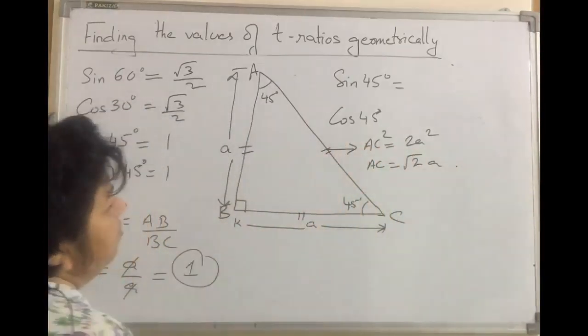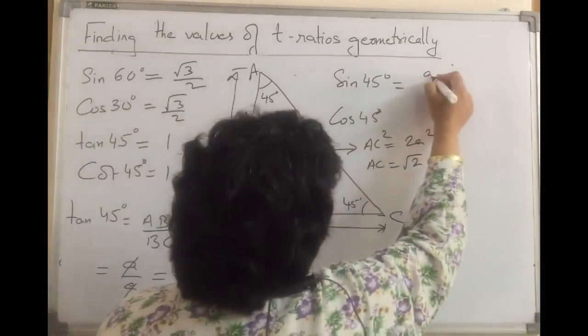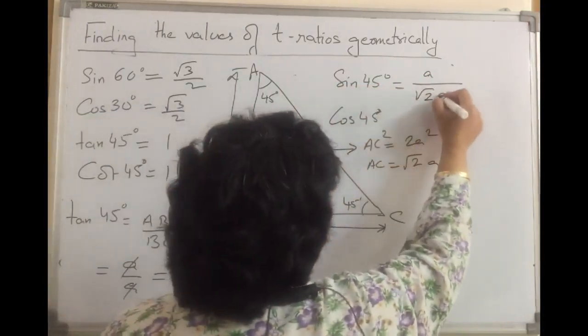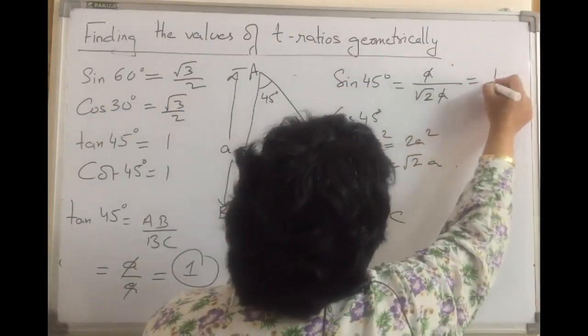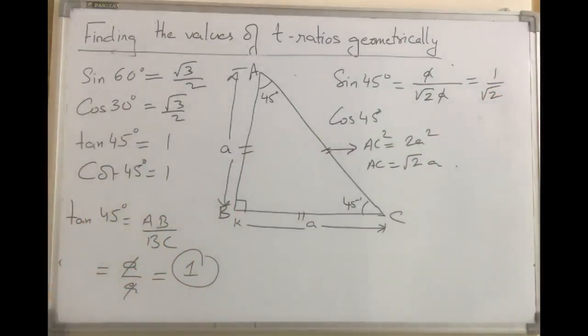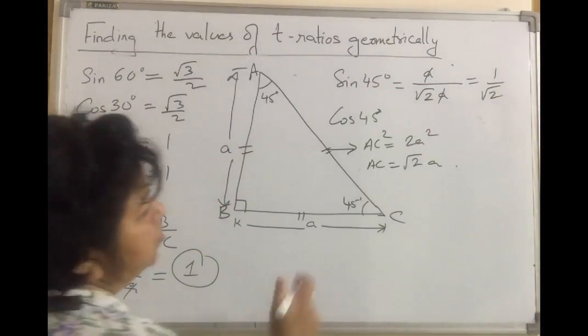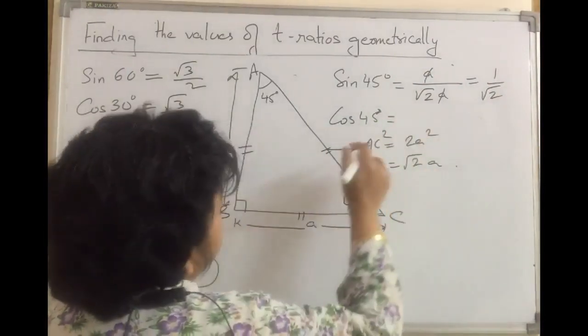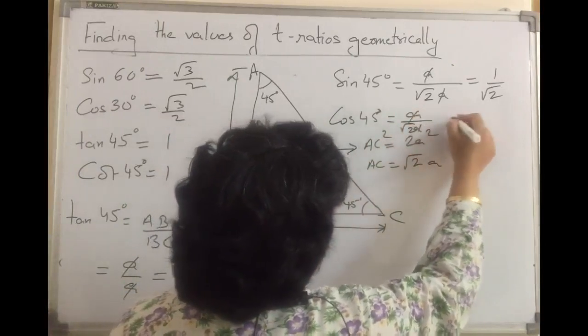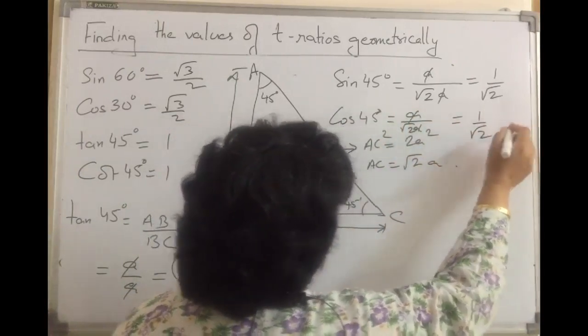So sin 45 will be perpendicular upon hypotenuse, that is A upon root 2A, so 1 by root 2. Similarly, cos 45 will be base upon hypotenuse, A by root 2A, 1 by root 2.